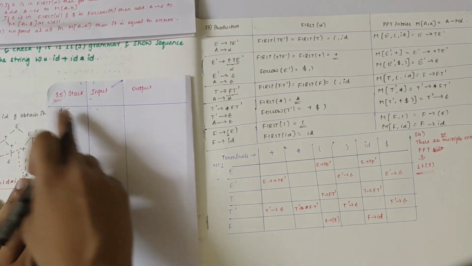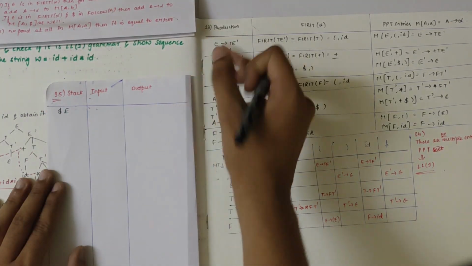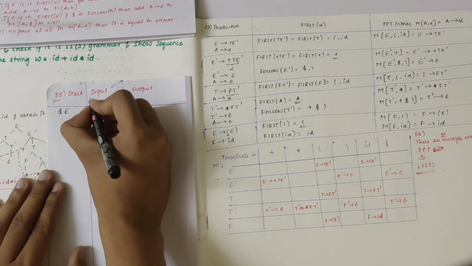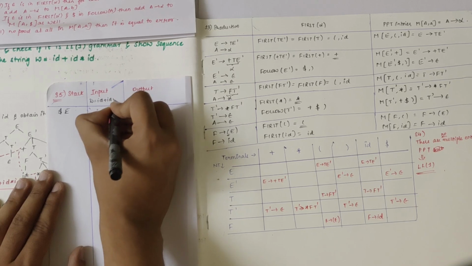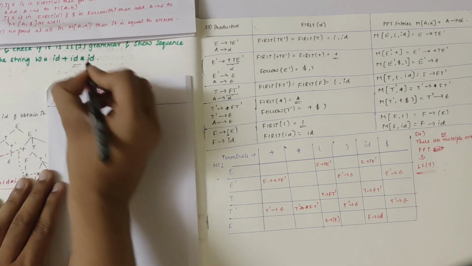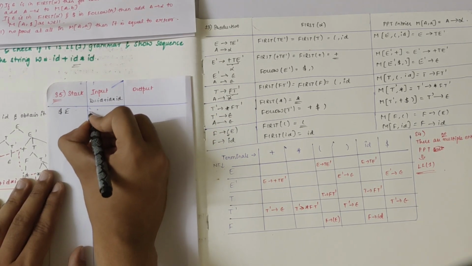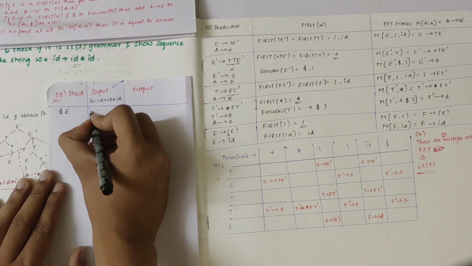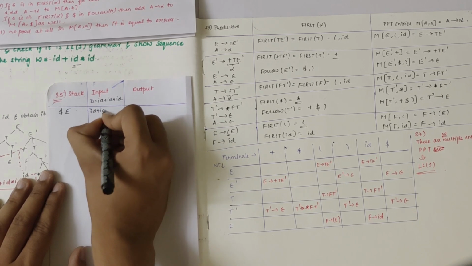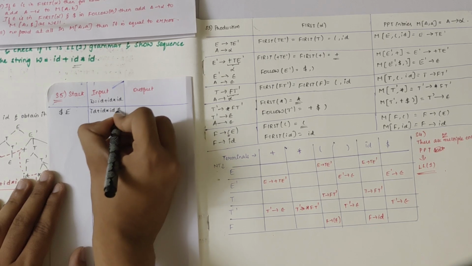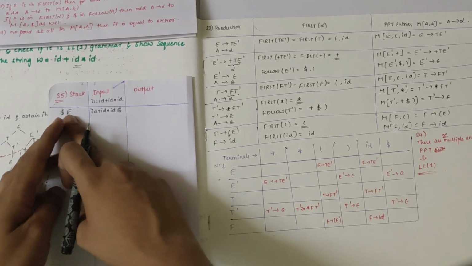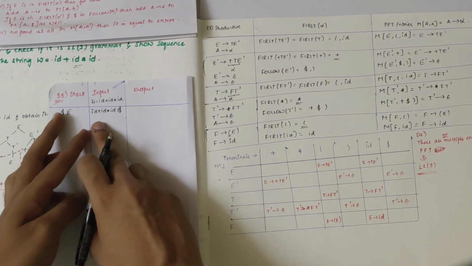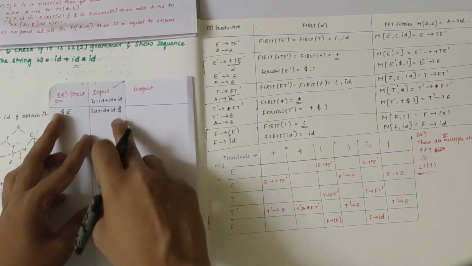E represents the start symbol, right? And here let me write the W value, that is W is equal to ID plus ID star ID. So here it would be ID plus ID star ID followed by a dollar. In the stack, before the start symbol there would be a dollar, and in the input after the string there would be a dollar.